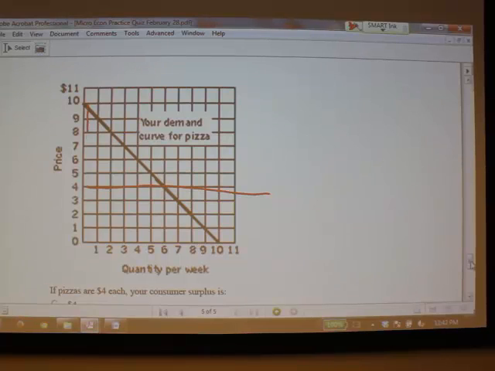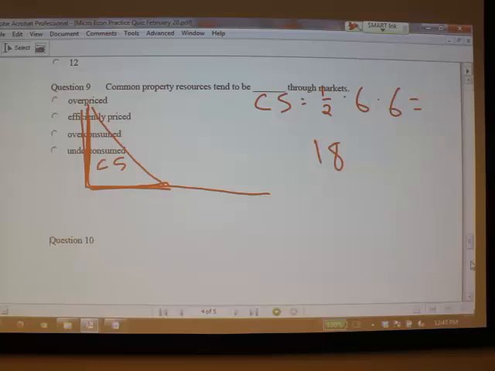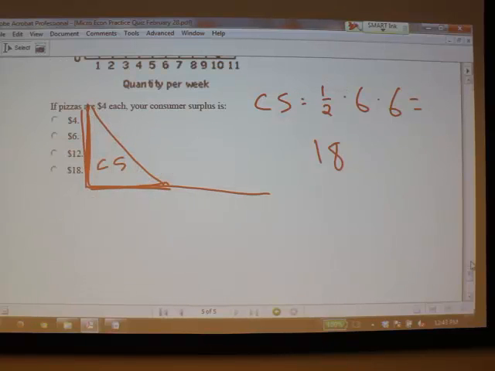It's 1/2 times base times height. The base is 6, and the height is also 6. So this is 1/2 of 36, or 18. And so the answer is D, 18.